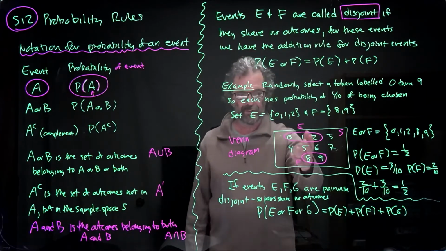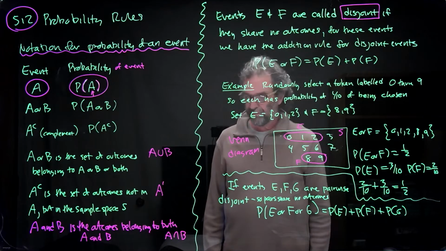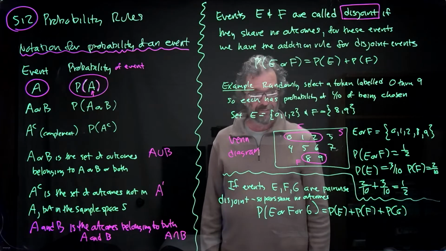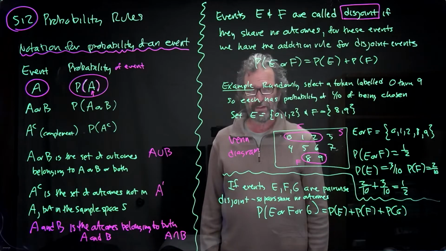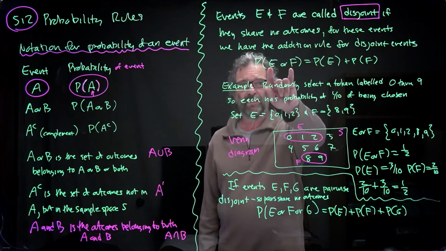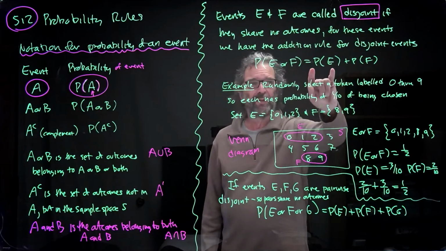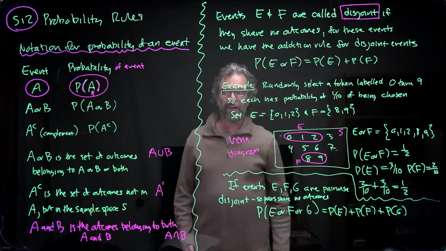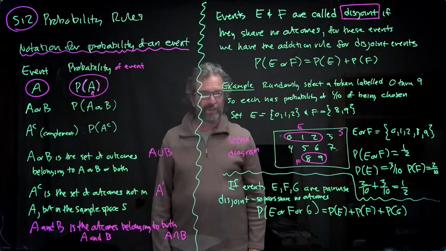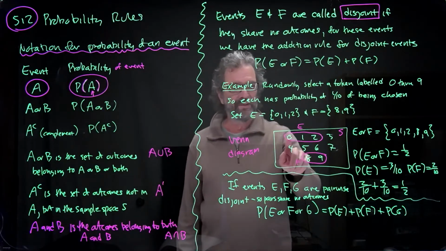Same type of picture. And so that lets us write down a rule. It says for disjoint events, the probability of the OR, or the union, is the sum of the probabilities separately. And we've been using that rule implicitly for a while because we're looking at probabilities, say, for individual outcomes.